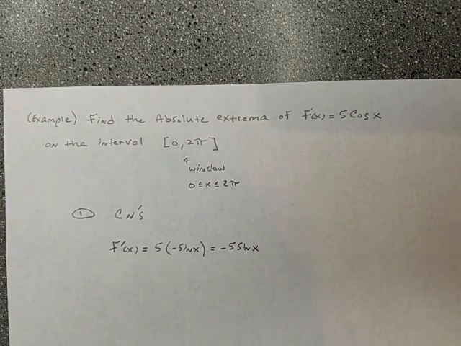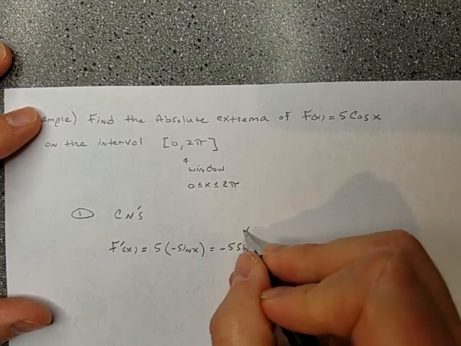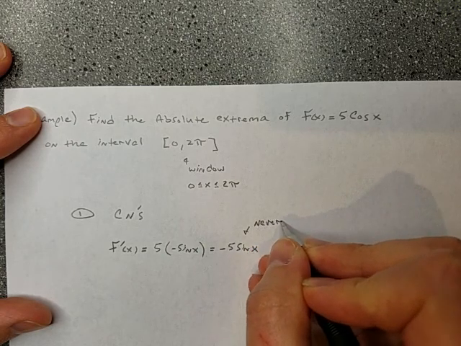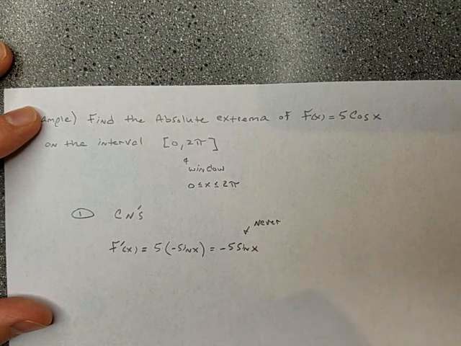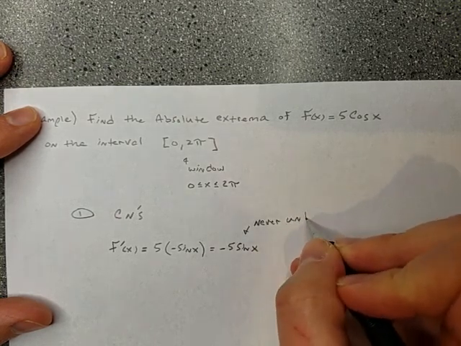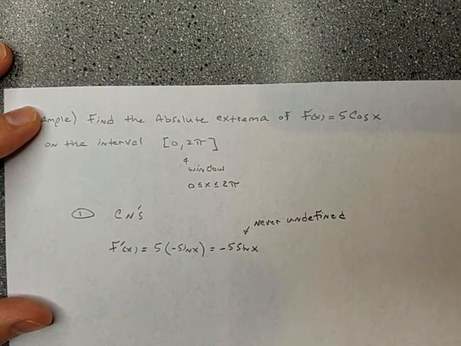Okay, so there's our derivative. Now, this will never be undefined. That's just the nature of the sine function. Anytime you take sine of a number, you get an answer.